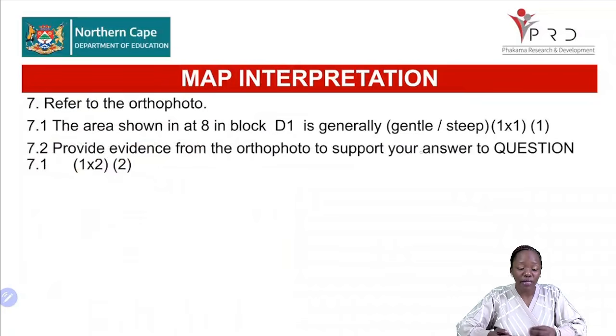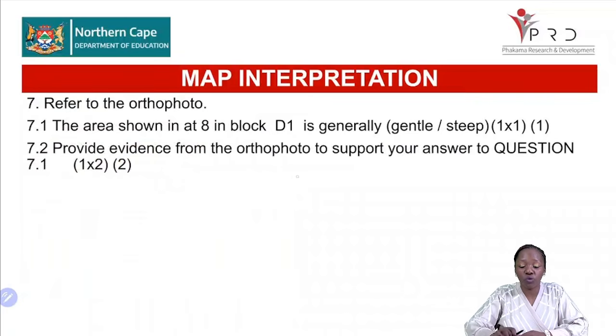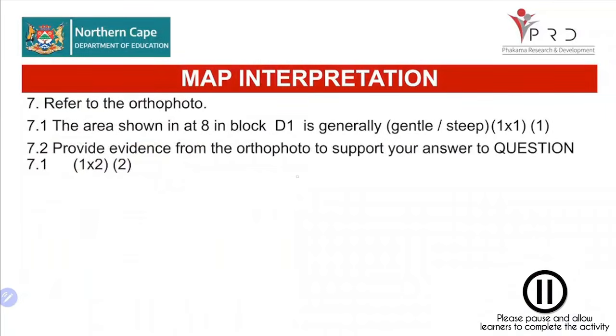Remember, it is important that you interact with the map, because you cannot just guess this is a steep slope and then provide evidence without referring to the map. So hence, there are no map questions that you can answer without looking at the map. Again, I'm going to give you another 3 minutes, and then after 3 minutes, we will proceed to the corrections.